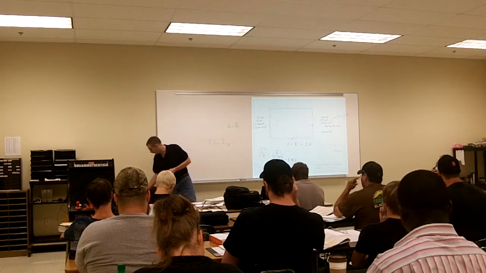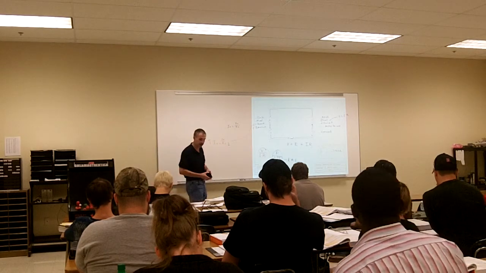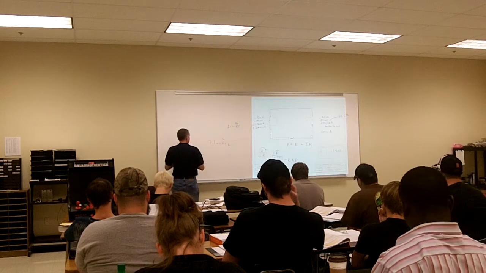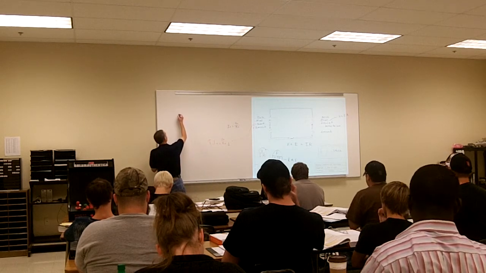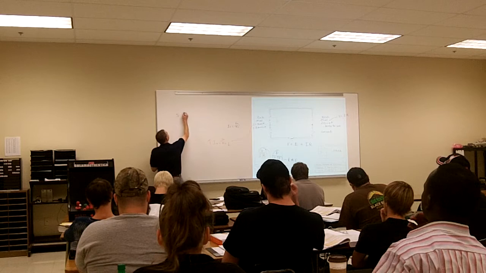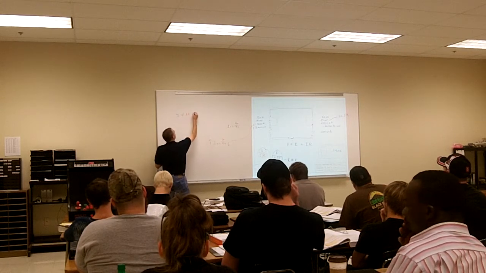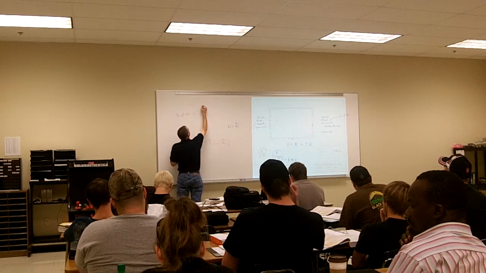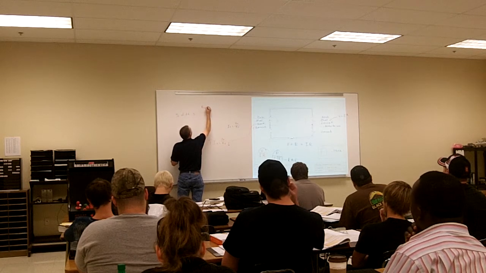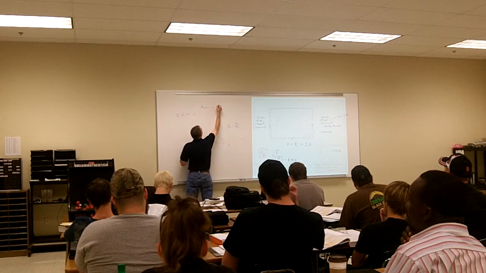How do you calculate your percentage of tolerance on a resistor? What's the formula? Measured value minus the color code value, divided by the color code value, times 100.